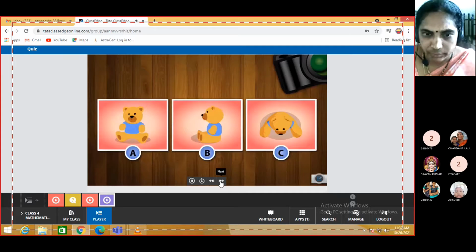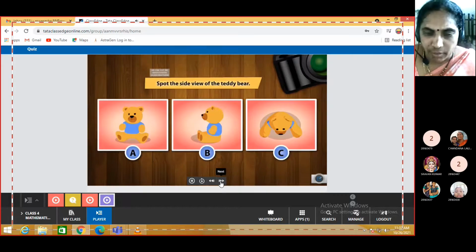Here are some pictures of Gia's teddy bear. Can you spot its side view? Click the correct picture. Chandana. Option B, ma'am. That's correct. This is the side view of the teddy bear.